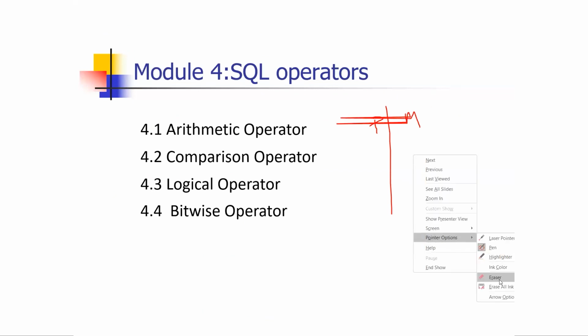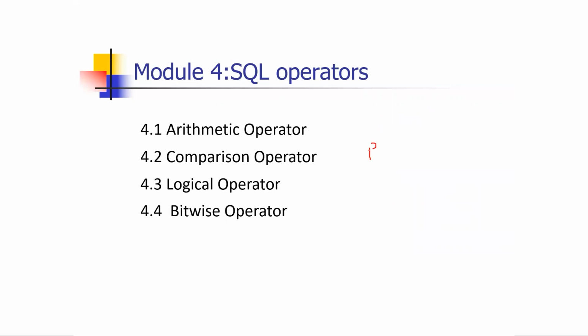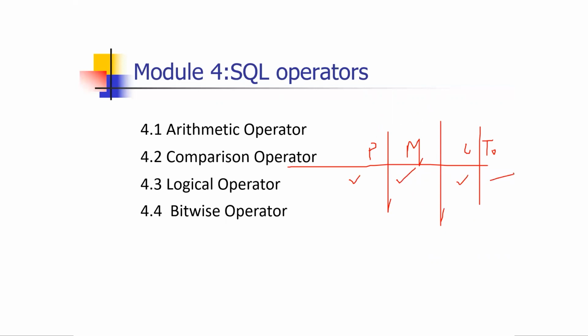There is some issue with the mouse, don't worry. Now there is a table column total. You want to add physics marks, maths marks, and chemistry marks to get the total of PCM. You know that the plus operator, the add operator, is required. So how to deal with that operator?